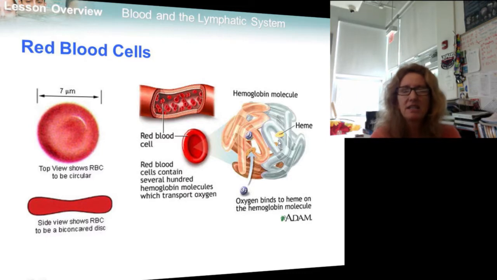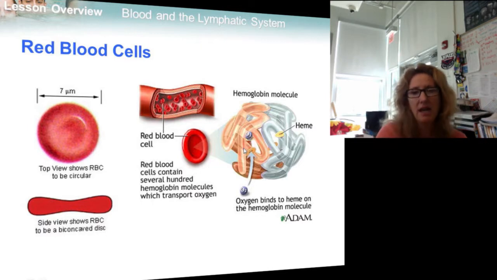Red blood cells are discs that are thinner in their center than along their edge, right here. They are produced by cells in red bone marrow. As red blood cells mature and fill with hemoglobin, their nuclei and other organelles are forced out. Red blood cells circulate for an average of 120 days before they are then destroyed in the liver and spleen.